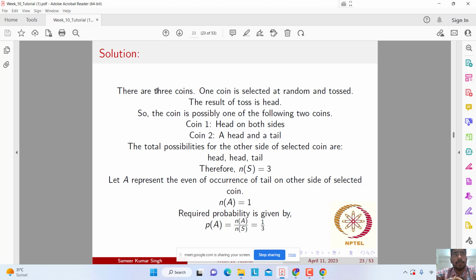So we have three coins. One coin is selected at random and tossed. The result of the toss is head. The coin is possibly one of the following two coins: head on both sides, and head and a tail.